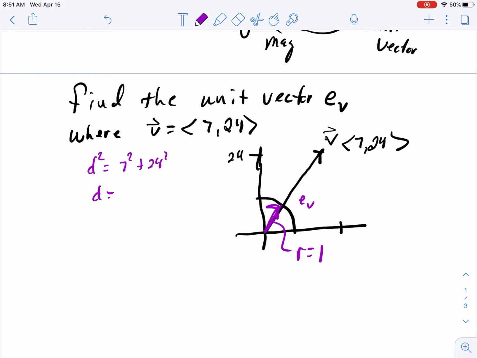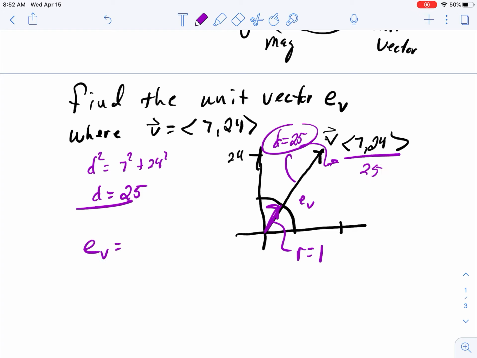And I think this is 7, 24, 25. So my distance is 25. So this distance is 25 units, which is the magnitude. Well, if I just take that and divide it by 25, therefore my unit vector would be 7 over 25 comma 24 over 25.